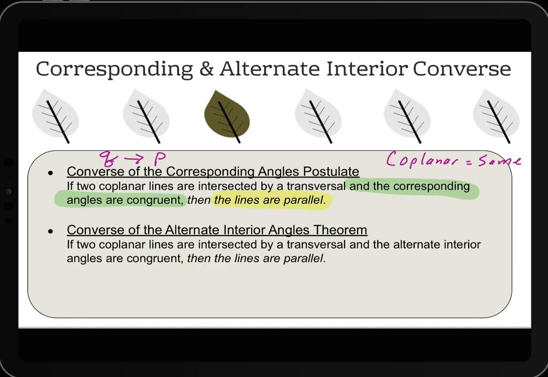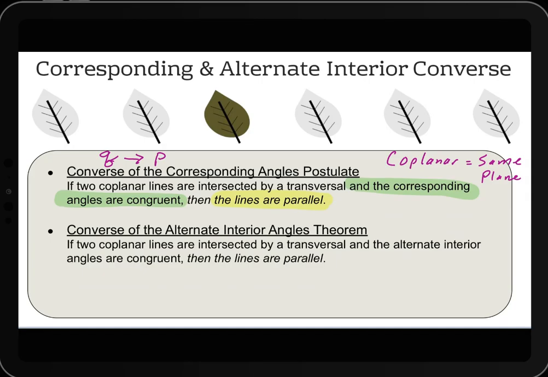Co being the same or together, and plane. The lines do have to be in the same plane. The reason for that is you could have two lines that never intersect but aren't in the same plane, and those are called skew lines, and we're not really looking at those here. So that's why they're using that adjective there, that modifier.